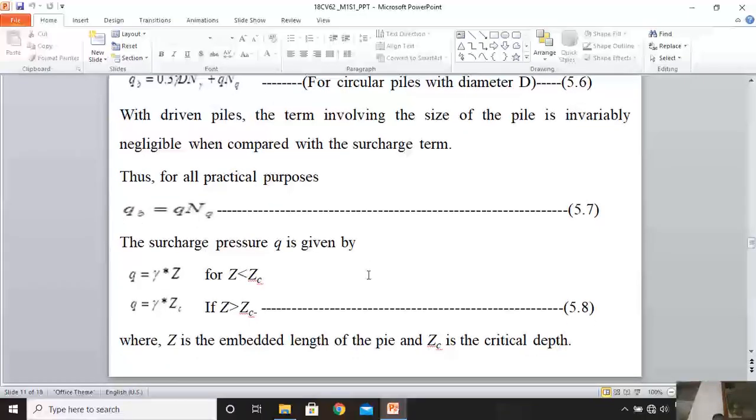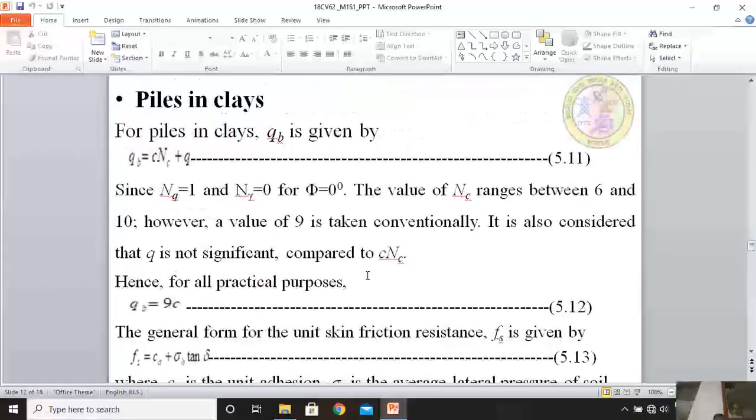Now I want to explain how to calculate the ultimate capacity of piles in clay soils. For piles in clays, QB is given by QB equal to CNC plus Q. Since NQ is 1 and N gamma is 0 for phi equal to 0 degrees, the value of NC ranges between 6 and 10.